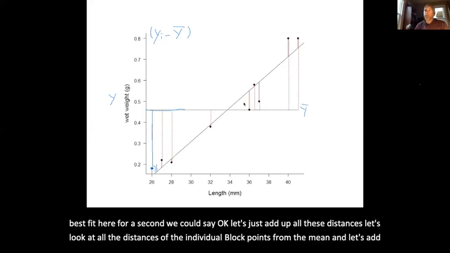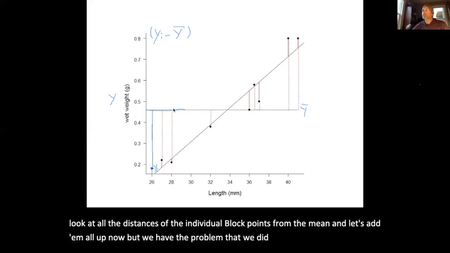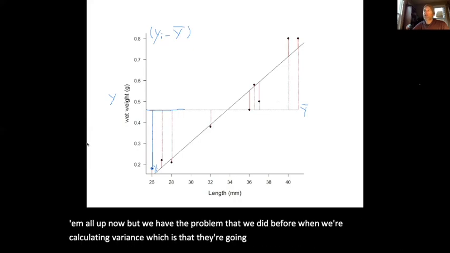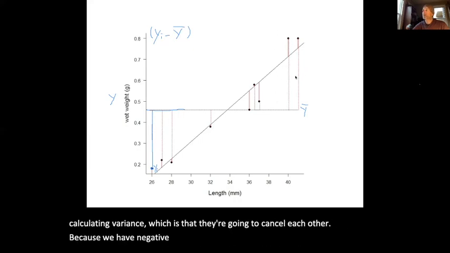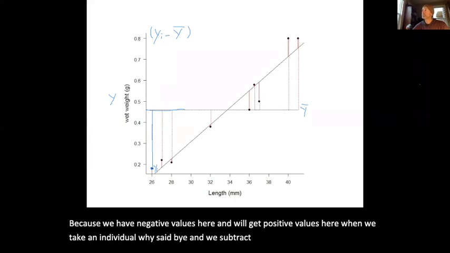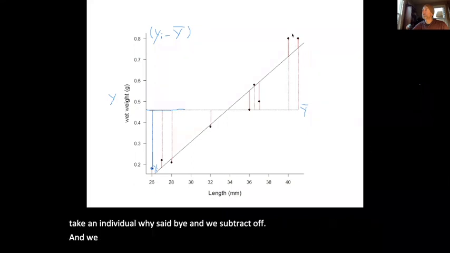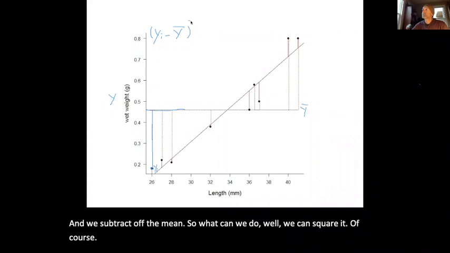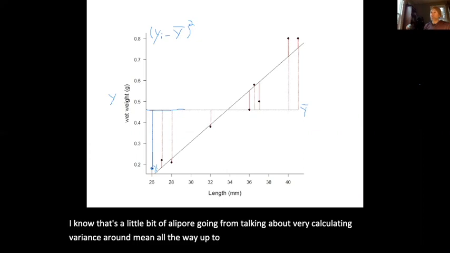But we have the problem that we did before when we were calculating variance, which is that they're going to cancel each other because we have negative values here and positive values here when we take an individual y sub i and subtract off the mean. So what can we do? Well, we can square it, of course. Hence, squares.